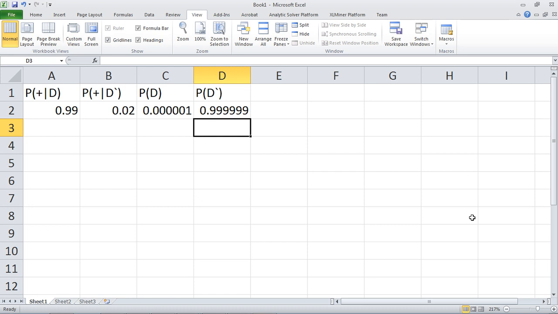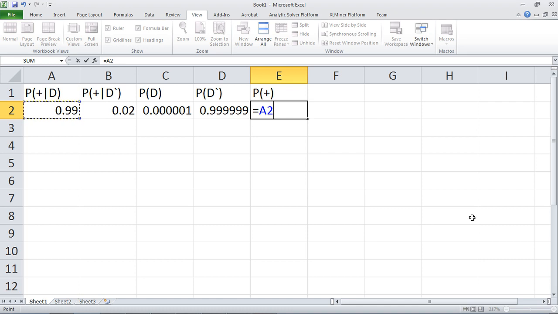Okay, so then to get the probability of a positive test result, we're just going to take these things and multiply them together. So this is going to be equal to this number times this number plus this number times this number.